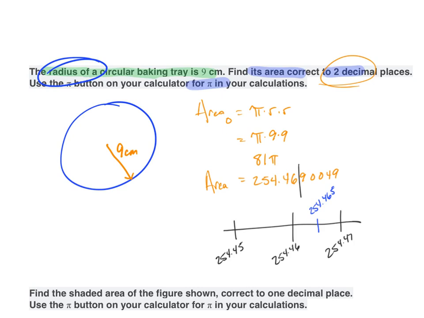Okay, and if I look, 254.469 would be right over in here. That's where that number would sit. So it is closest to 254.47. Okay, so our answer would be that the area is 254.47 centimeters squared.